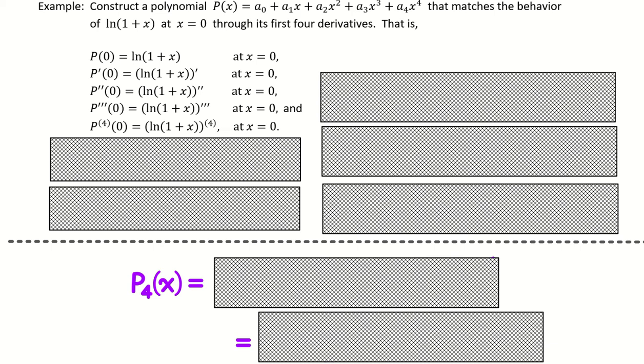Construct a polynomial, another fourth degree polynomial, that matches the behavior of the natural log of 1 plus x at x equals 0. Centered at x equals 0, we want to find a polynomial with only so many terms, only to the fourth degree, that models or represents this function at x equals 0.